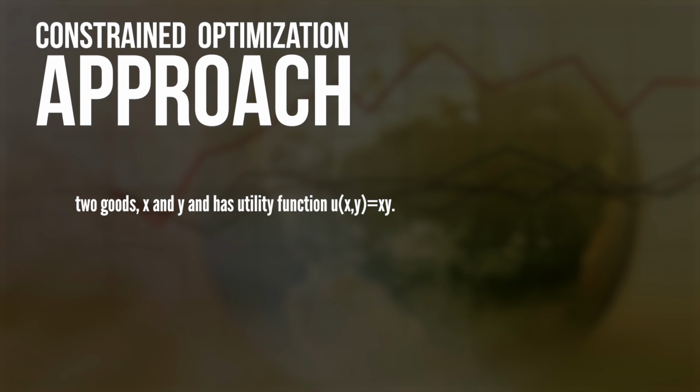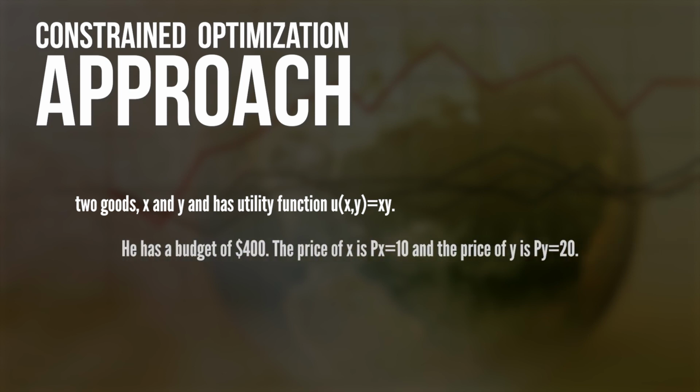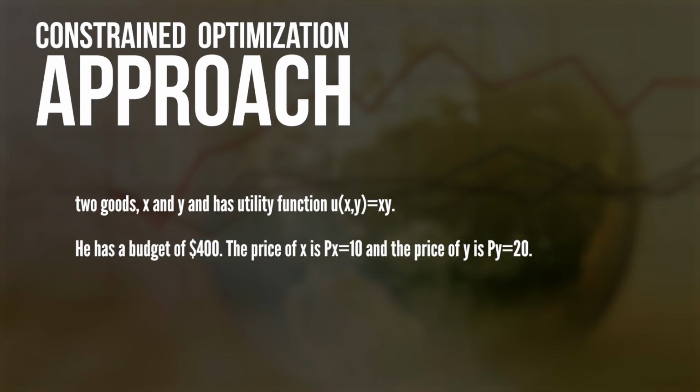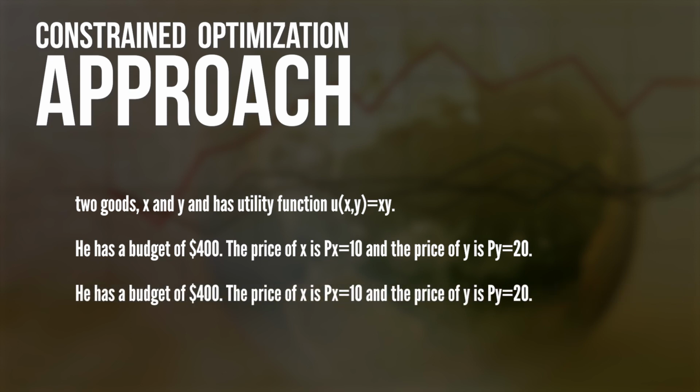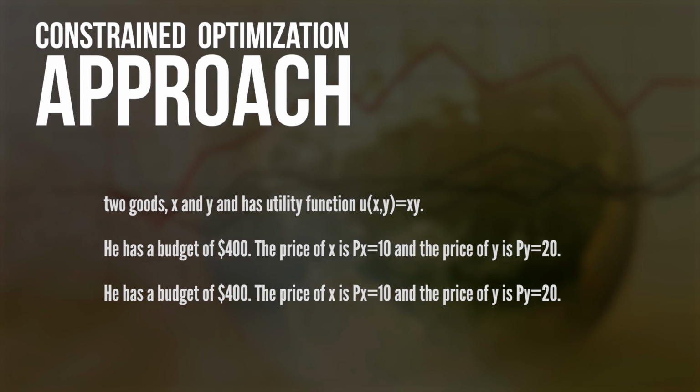So what is being done? xy is considered to be the commodity bundle that is purchased. The budget is given as $400, and the prices of the items are given as Px = 10 and Py = 20, and we are asked to find the optimum consumption bundle, and that is how the Lagrange method comes in.